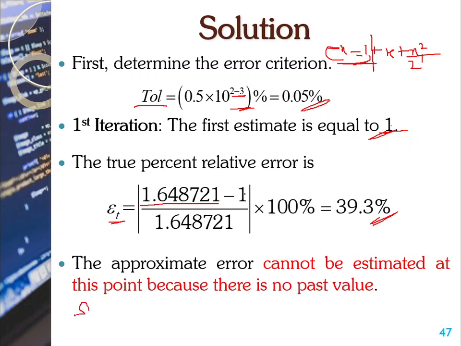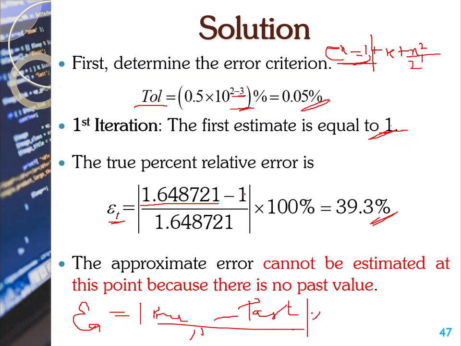Now, what if you want to estimate the error based on the approximated value, that is the error alpha? Remember that this error alpha is based on the present approximation minus a certain past approximation, all over the present approximation.